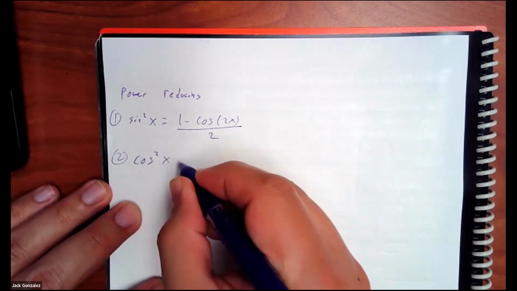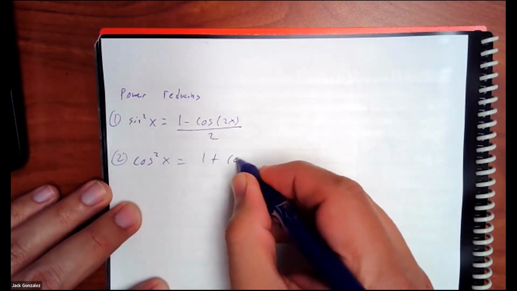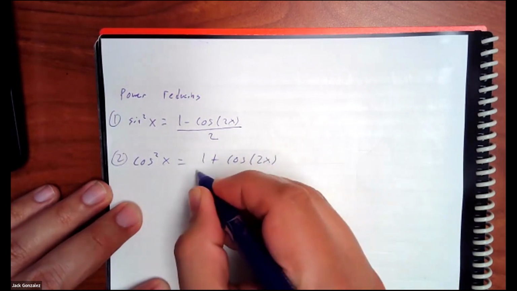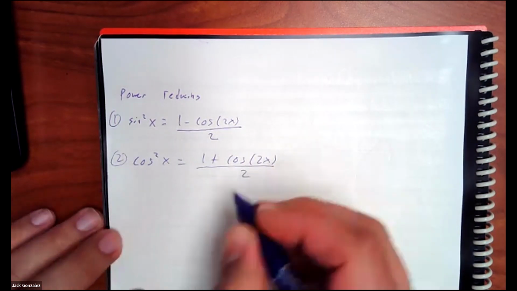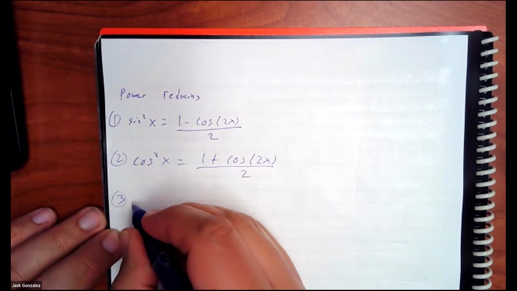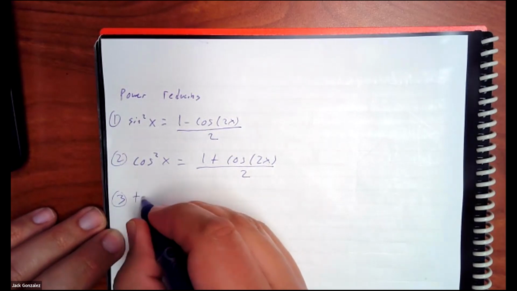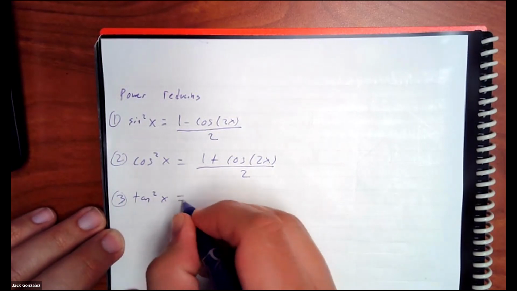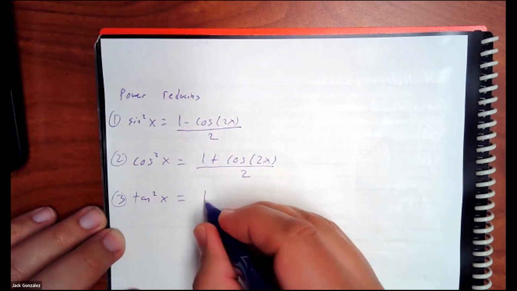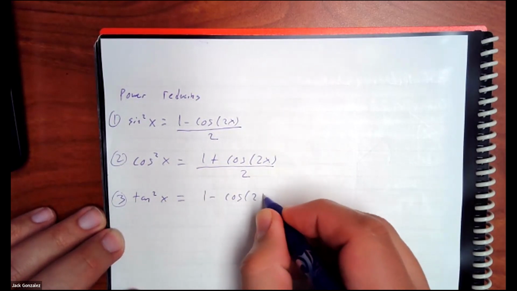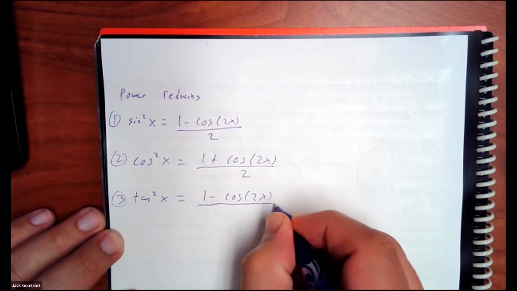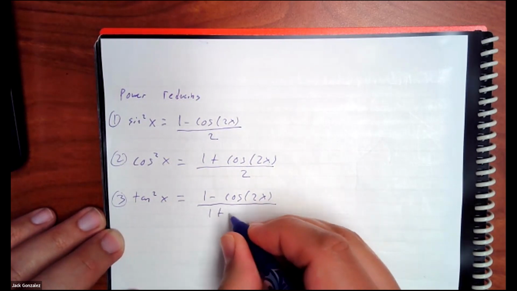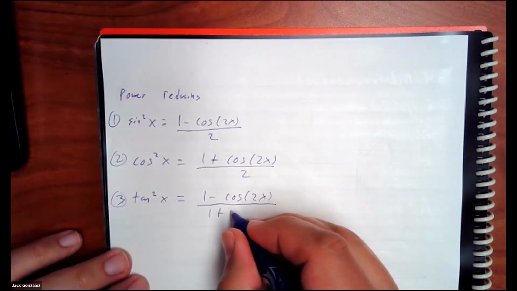Cosine squared x is equal to 1 plus cosine 2x over 2. Three, tangent squared x is equal to 1 minus cosine 2x over 1 plus cosine 2x.